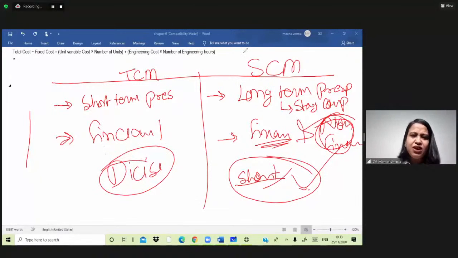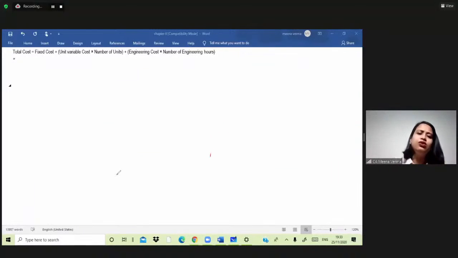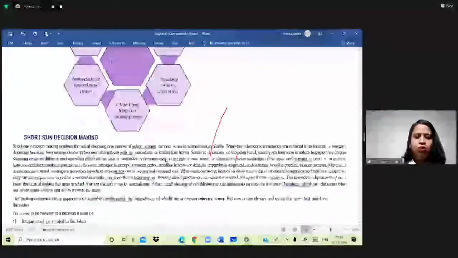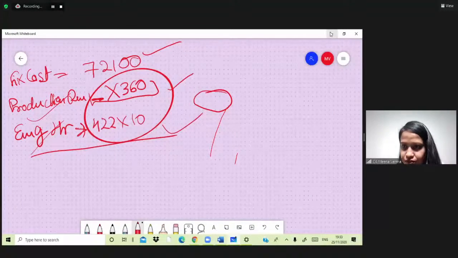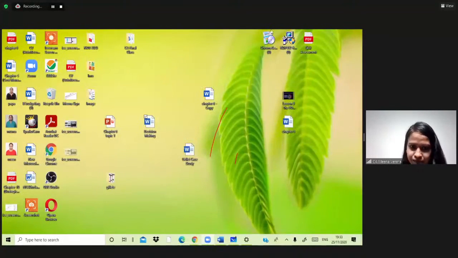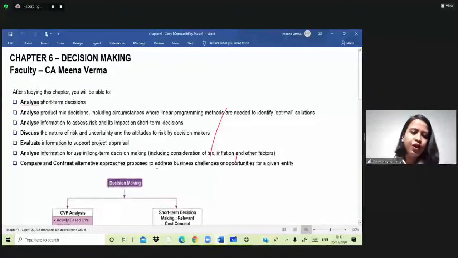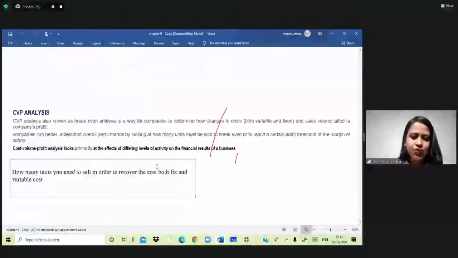Ma'am, is it mentioned somewhere in book? Yes, it is mentioned. Let me show you. If you want to write anything, you can write it. And you want me to show this in your book? See, let me show you. These are the points. Oh, wait. These are the points which we have here.